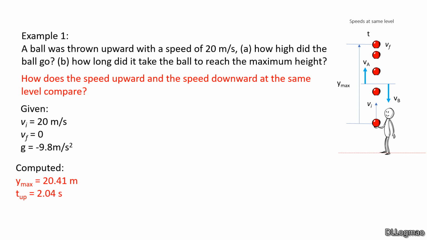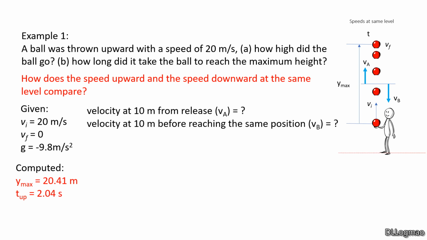Taking the 10 meters position from the point of release upward, the velocity at 10 meters from release is v sub A, and the velocity at 10 meters before reaching the point of release on its way down is v sub B. Let's calculate these quantities.